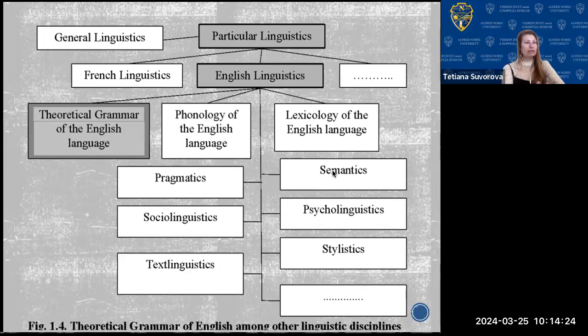Yes, as well as other aspects of the language and disciplines and branches of linguistics, like phonology and lexicology. But theoretical grammar takes this position, maybe that is what I mentioned, that it covers everything, and practical, descriptive, comparative, and so on and so forth, because it gives the theory explanation about the state in this language.